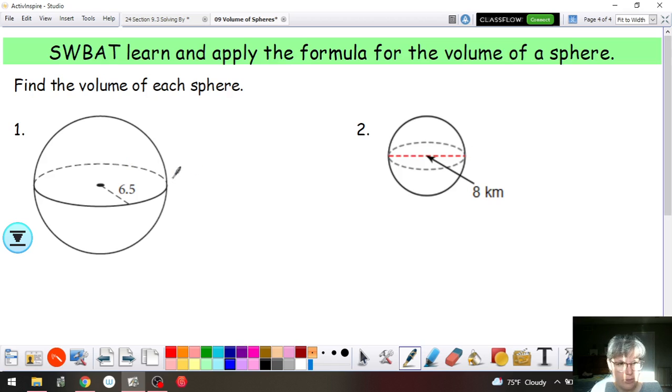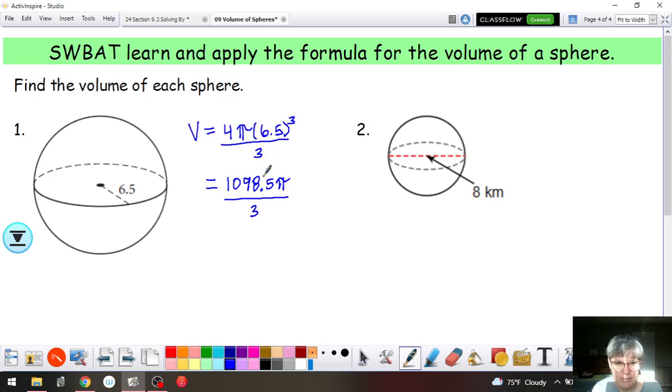Here we have a sphere with a radius of 6.5, so this will be V equals 4 pi times 6.5 cubed over 3. And 4 times 6.5 cubed is 1098.5 pi over 3.